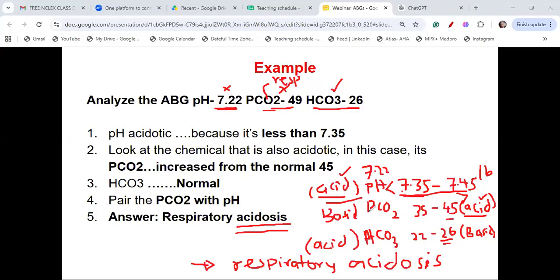In this case, our bicarbonates are normal, so there's no issue with that. But our CO2 is more than 45, and when it's more than 45, it tends to incline towards the acidic side. You're looking for something that matches your pH, and you can see these two are matching. Hence the name respiratory acidosis. Is that clear?